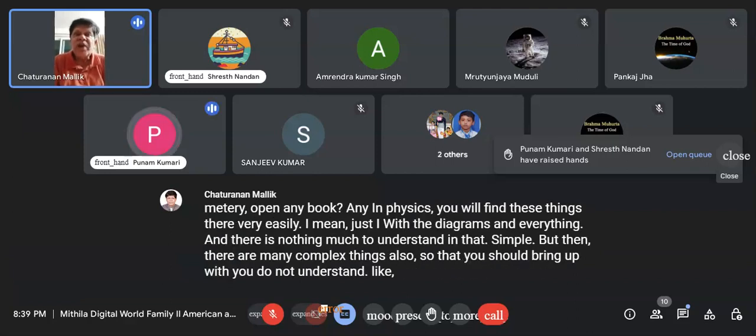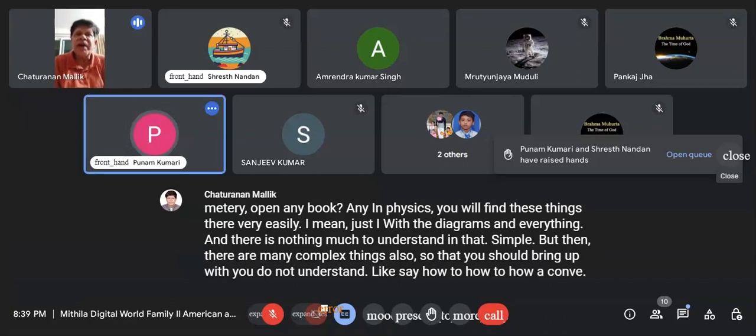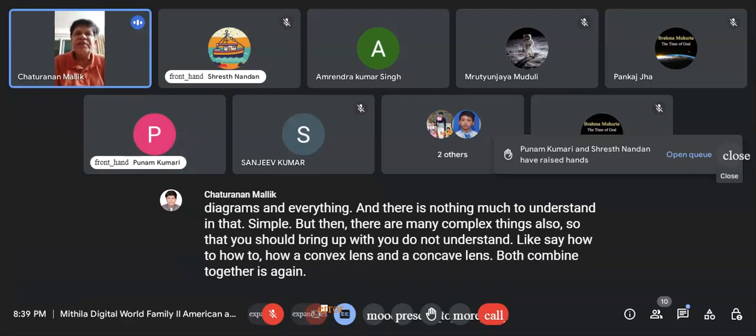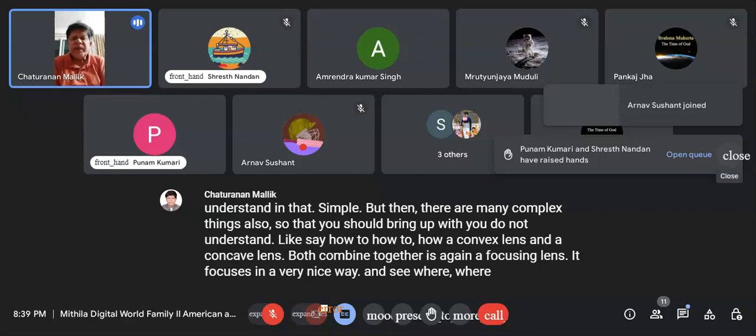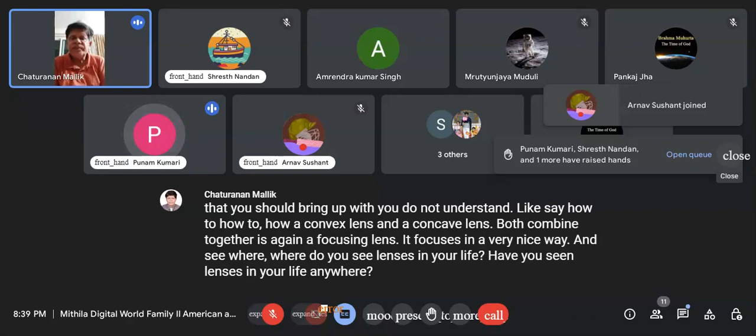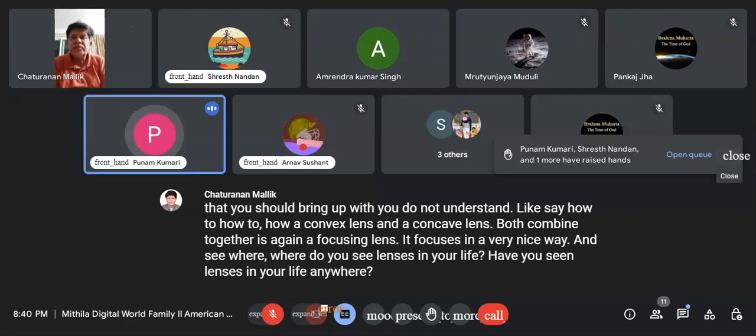For example, how a convex lens and a concave lens combined together is again a focusing lens. It focuses in a very nice way. Where do you see lenses in your life? Have you seen lenses anywhere? Yes, sir, in spectacles.